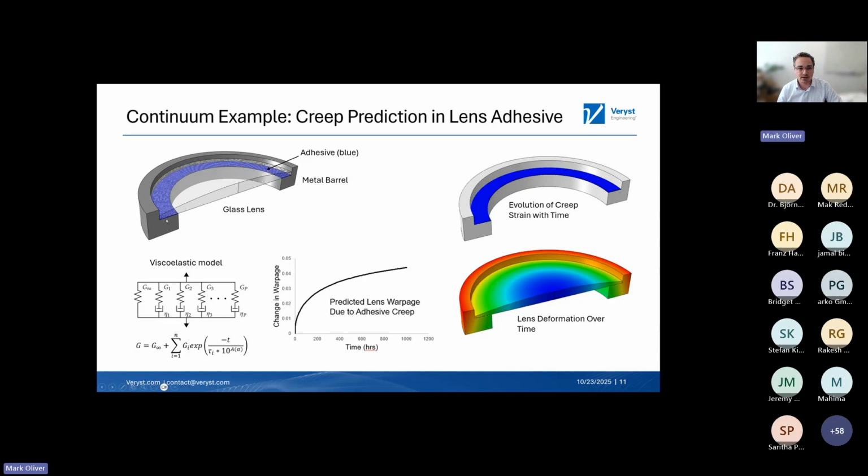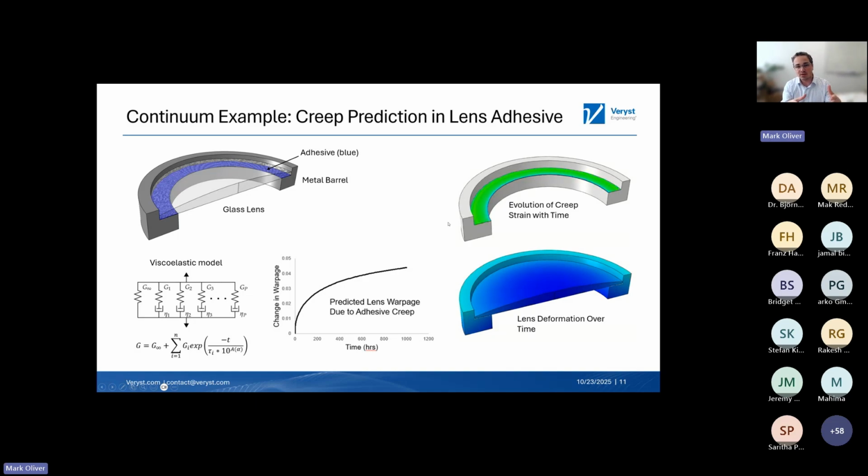So this is again a toy problem. We have a metal barrel. There's an adhesive being used to bond a lens to that barrel. And if you define a viscoelastic material model for the adhesive, then you can make predictions about how the warpage in the lens structure may evolve over time.